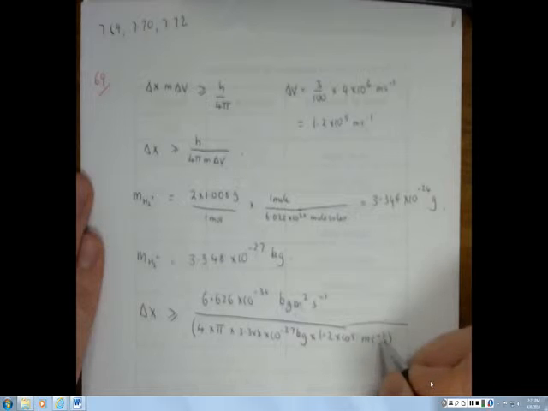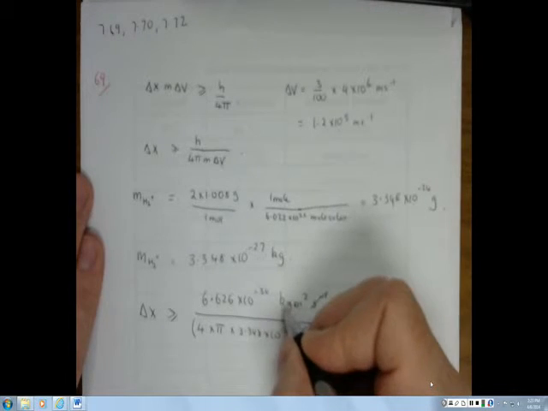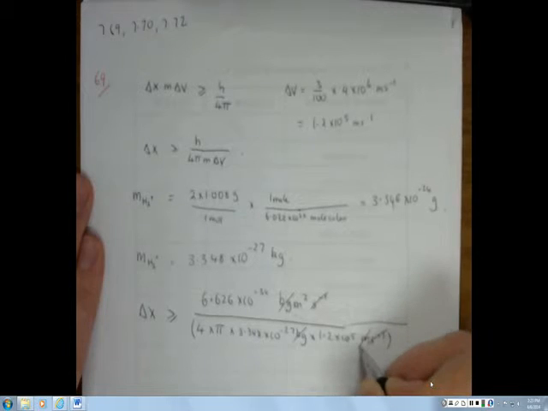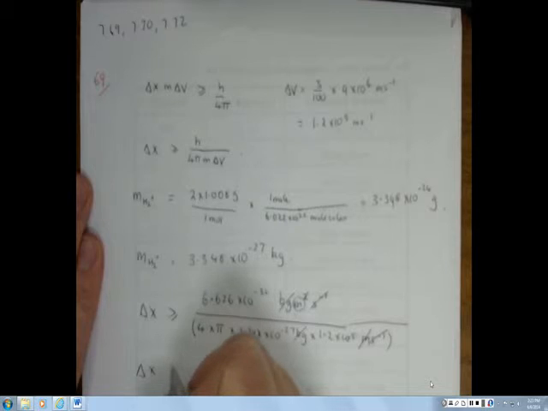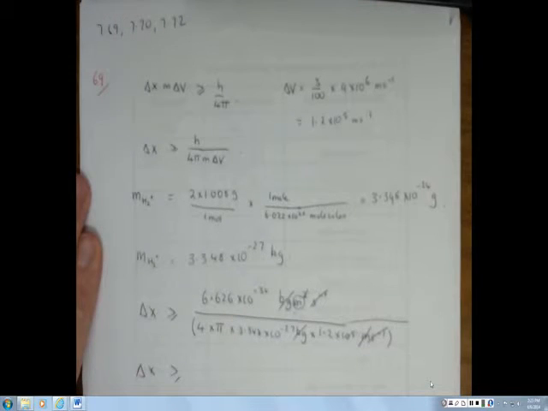Alright, so per seconds go, kilograms go, and 1 of my meters goes, leaving me with meters, which is a completely respectable unit for uncertainty in position, right? It's going to be a length.